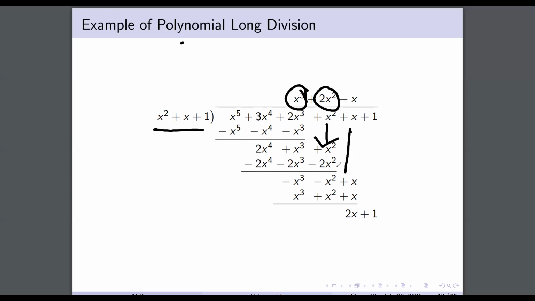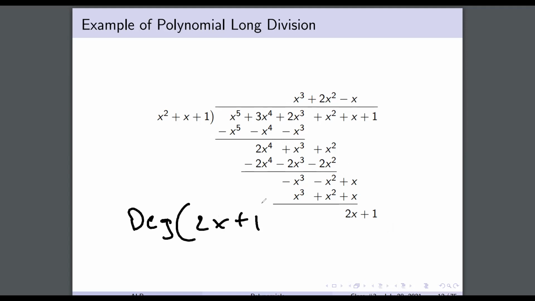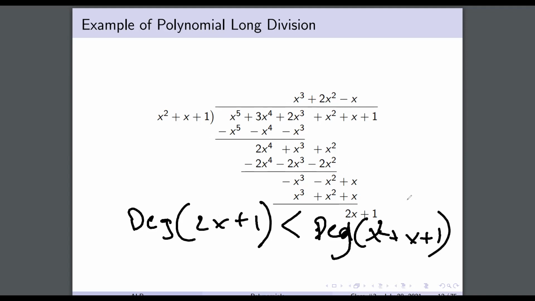We keep repeating this until we get a remainder that is not divisible by x squared plus x plus 1. Notice that the degree of 2x plus 1 is less than the degree of x squared plus x plus 1, which is what we stated earlier.